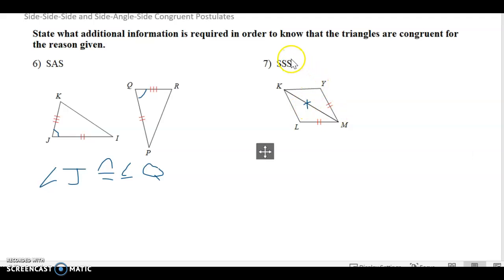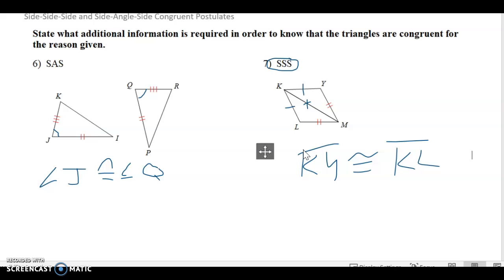Now since I'm going for side-side-side, the last piece of information that I need is my third side to be congruent. So I need to know that KY is congruent to KL. If I knew that KY is congruent to KL, then I would be able to say that these 2 triangles are congruent by side-side-side.